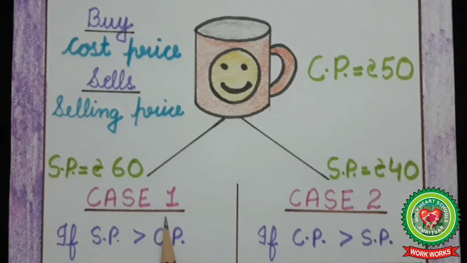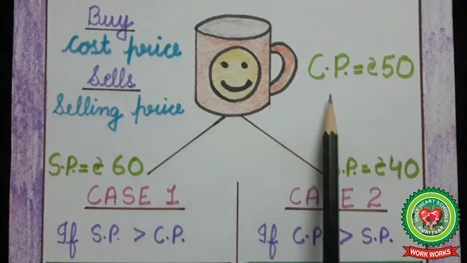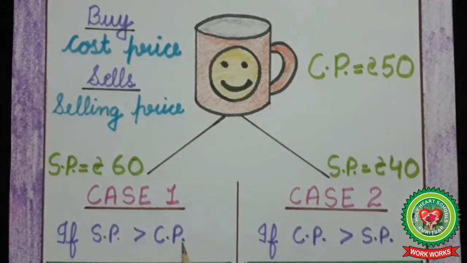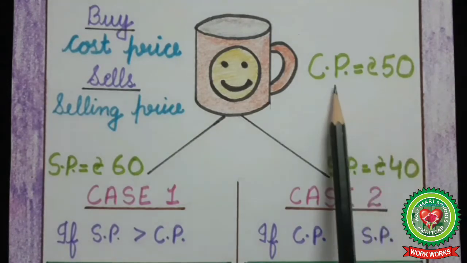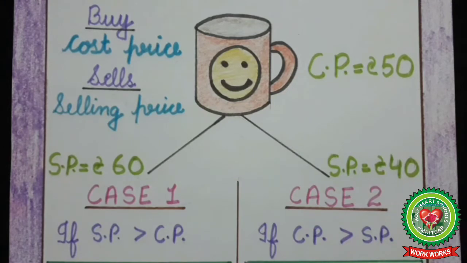It will give rise to two cases. Here if SP is equal to rupees 60 and CP is equal to rupees 50, then SP is greater than CP. On the other hand, if SP is equal to rupees 40 and CP is equal to rupees 50, here CP is greater than SP.